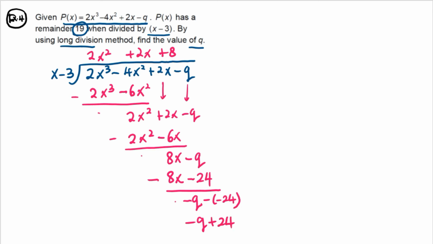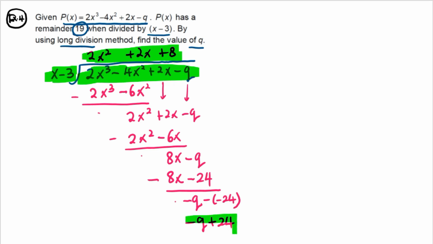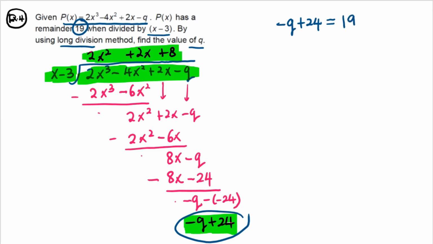All right, this is the quotient. This is the divisor, and this is the polynomial p(x). And of course, this one is the remainder. We know from the question that the remainder is 19. So negative q plus 24 is the remainder, and the question gives the information that the remainder is 19, so this can be equated to 19.